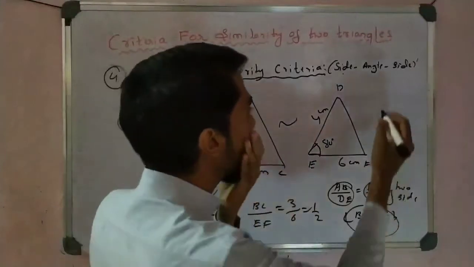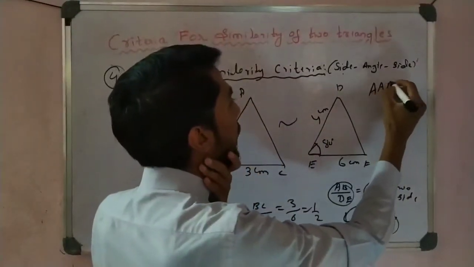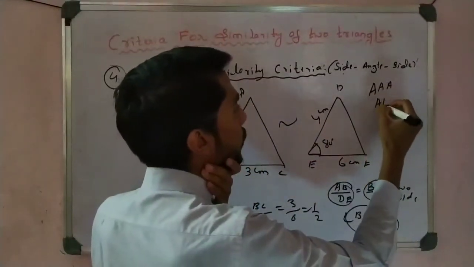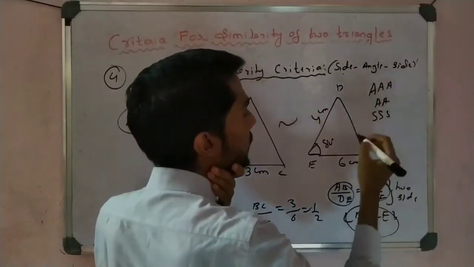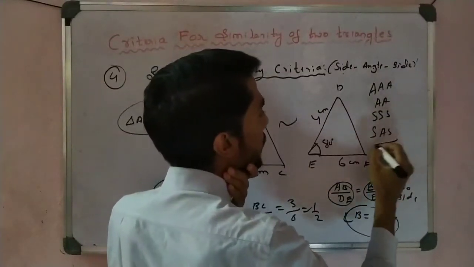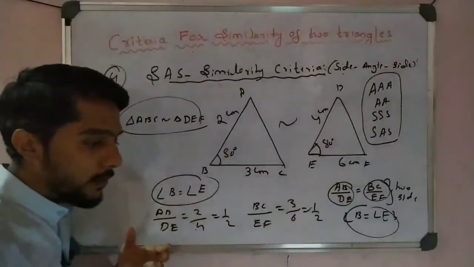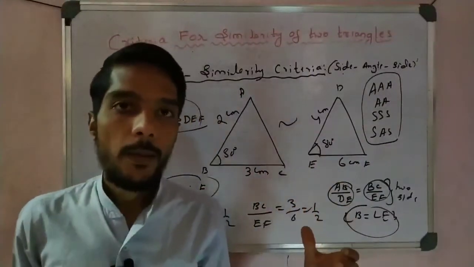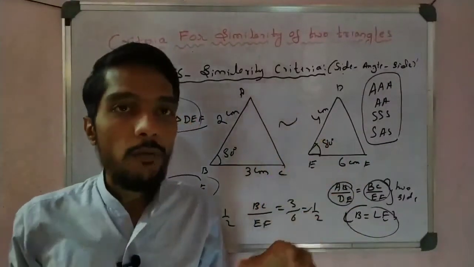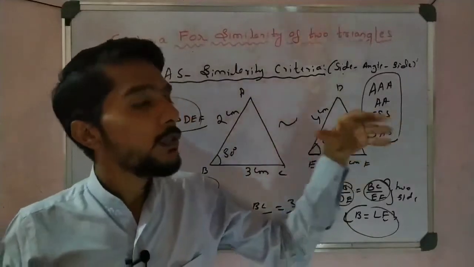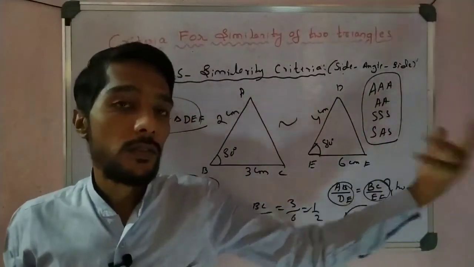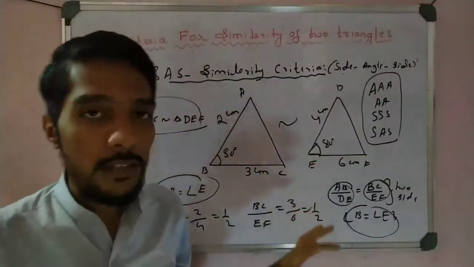So again, repeat: one is angle, angle, angle, one is only two angles, one is side, side, side, and one is side, angle, side. So these are the criteria, right? When we compare with these two diagrams, we can easily find that the triangles are similar.